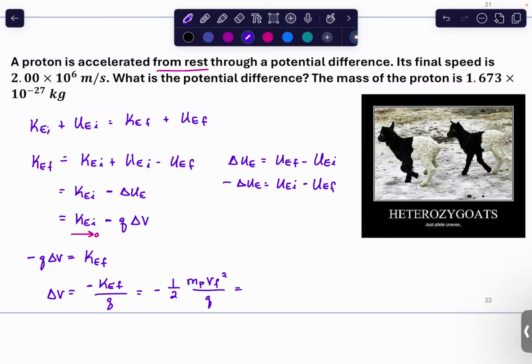And what is Q in this case? Yep. Mass of the proton, final velocity squared, over 2e, or the elementary charge.